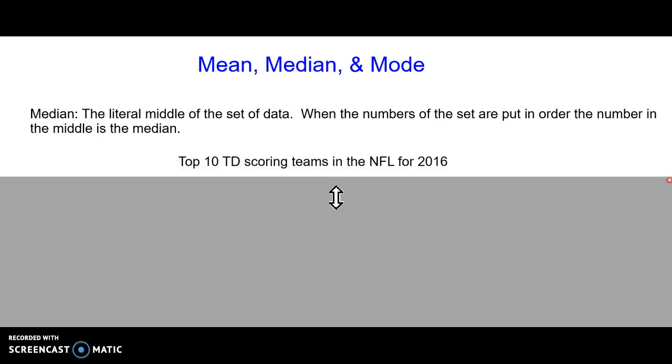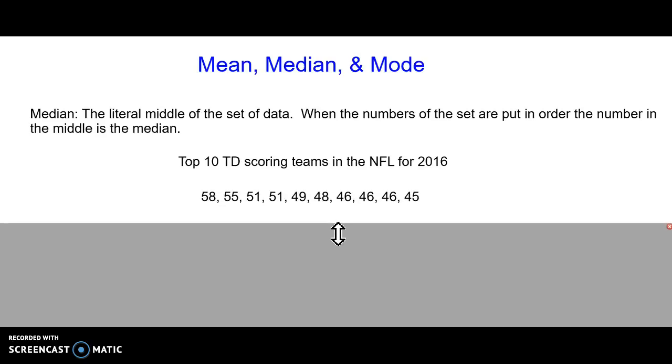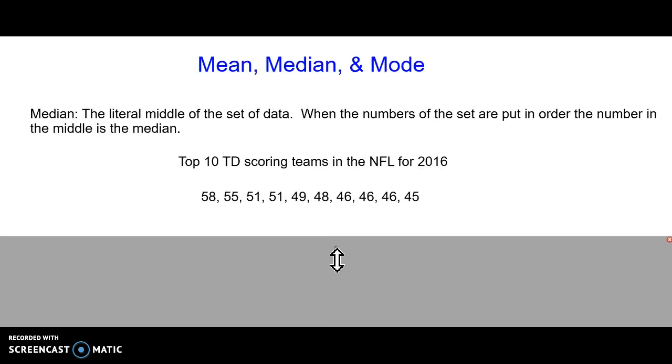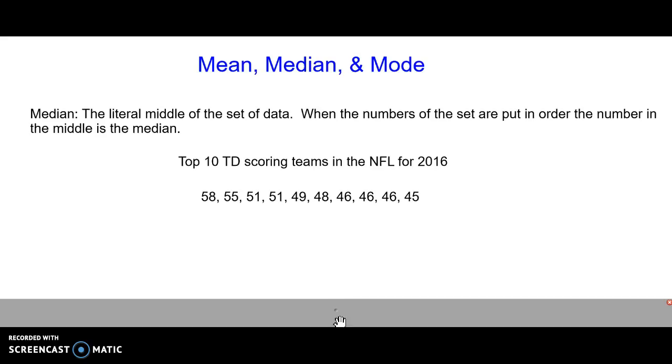So again, we're going to take a look at our same set of data, the number of touchdowns scored for the year 2016. As we determined earlier, there are 10 pieces of data, so we want to find the number that's in the center. The easiest way to do that is to start by crossing off the largest number and the smallest number, and continue to do that until you reach the number in the center.